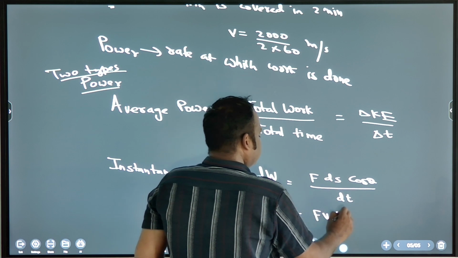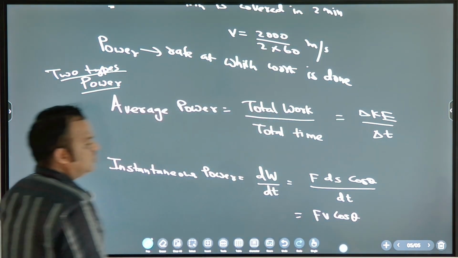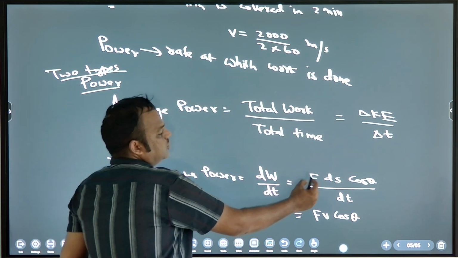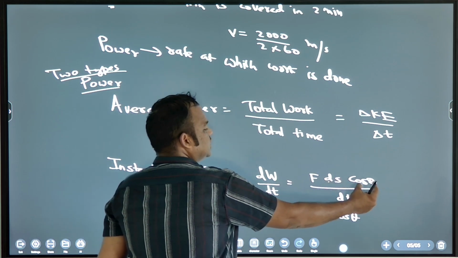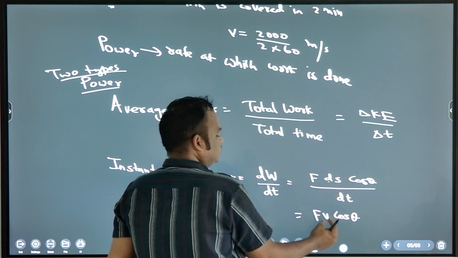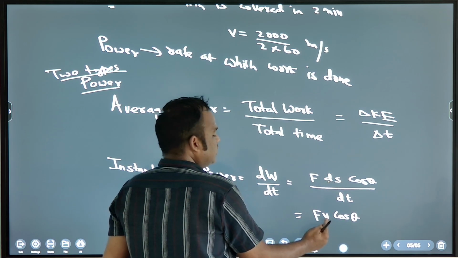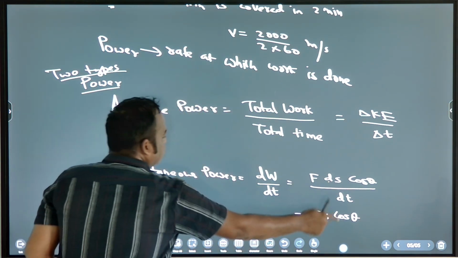So the formula for instantaneous power is F v cos theta, because dW is equal to force into small displacement into cos theta, and small displacement by small time is velocity. So instantaneous power is F v cos theta.